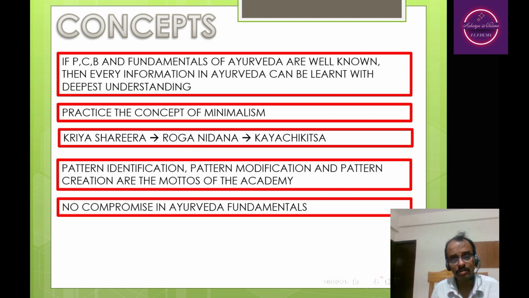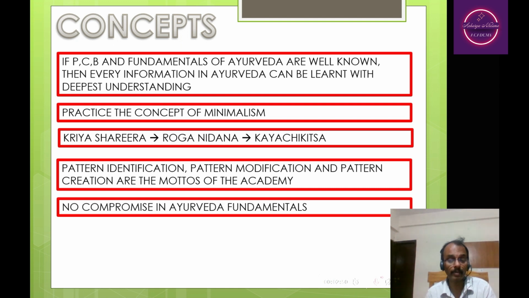In that situation, we have to immediately stop the consumption of sour buttermilk added with salt and green chilli, which is responsible for the immediate subsidence of the symptoms of pitta dosha. And for pattern creation, the person should consume freshly prepared buttermilk without adding green chilli or salt. This is about pattern identification, pattern modification and pattern creation.